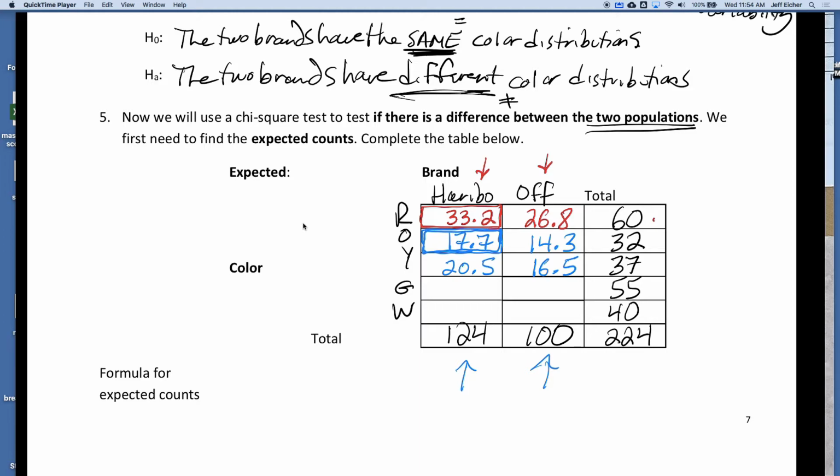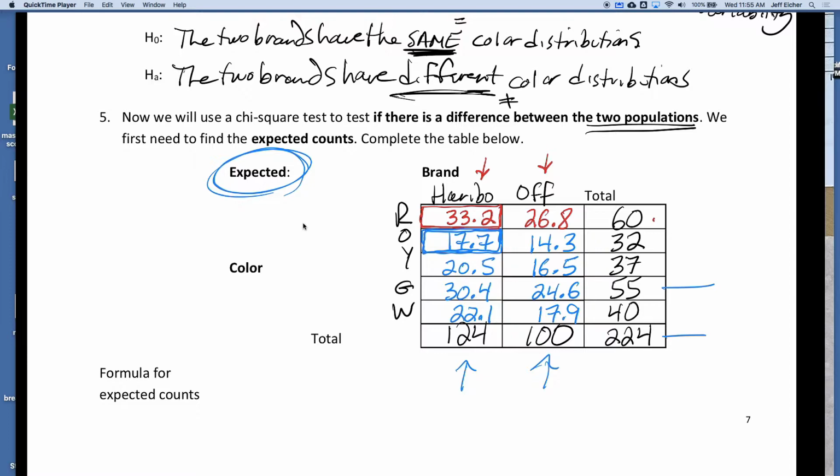And then 55 over 224 times 124 is 30.4. The other one should be 24.6, since they should add to 55. And then 40 over 224 times 124 is 22.1. The other one would be 17.9, I believe. So these are our expected counts.